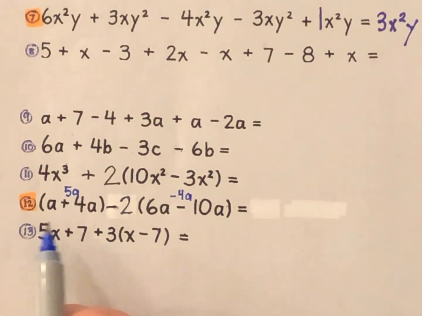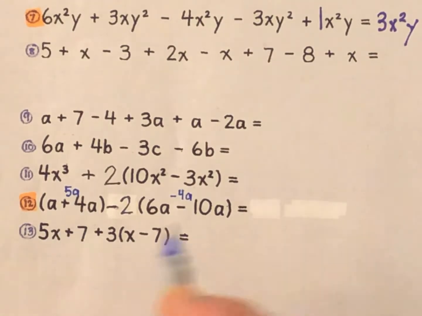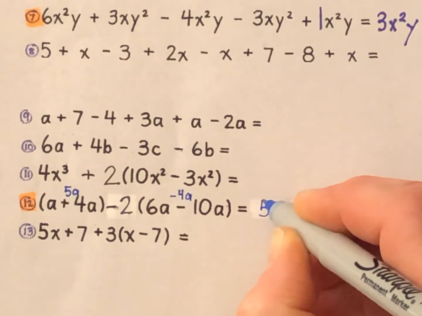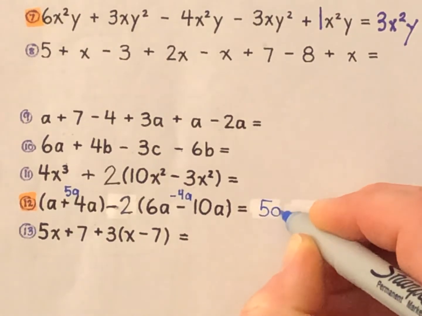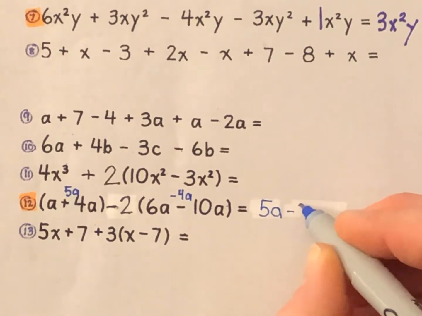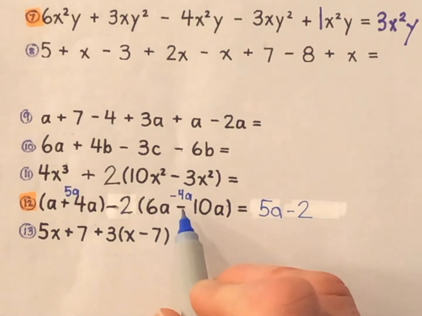So, if I rewrite this, what I have so far is 5a minus 2 times negative 4a.